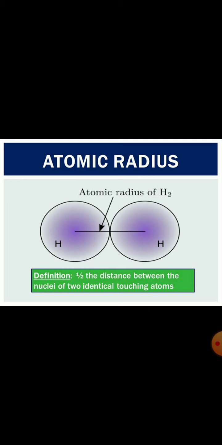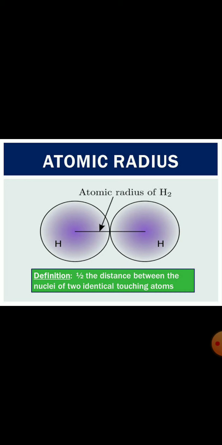Two identical nuclei are taken, and if these nuclei are placed together so that they touch each other, the distance between the nuclei of the atoms is shown with a straight line. So half of the distance between these nuclei is known as atomic radius.